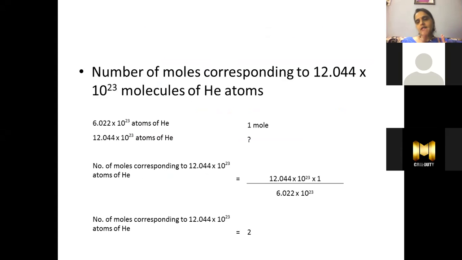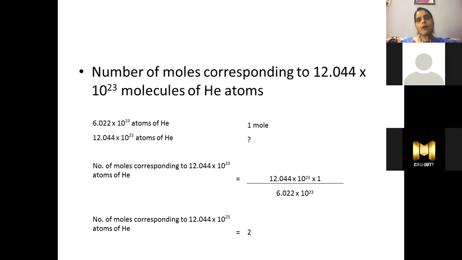So what did we discuss till now? We discussed the relationship between the number of particles and moles. In the beginning, we were provided with the number of moles, and using our information, we calculated the number of particles that make that mole.